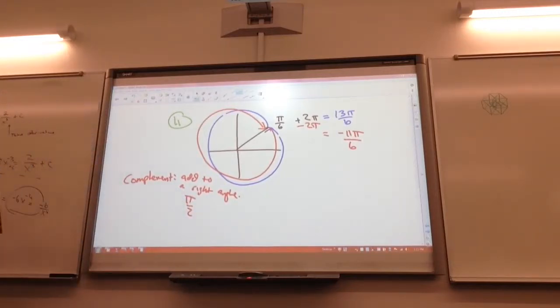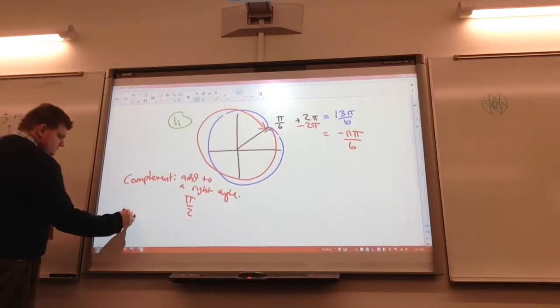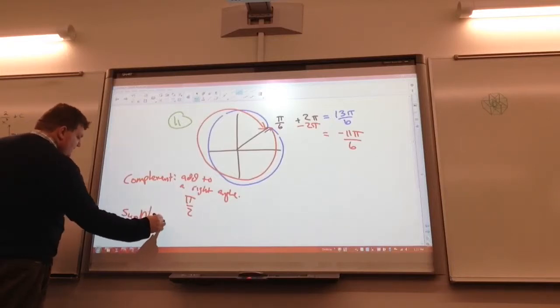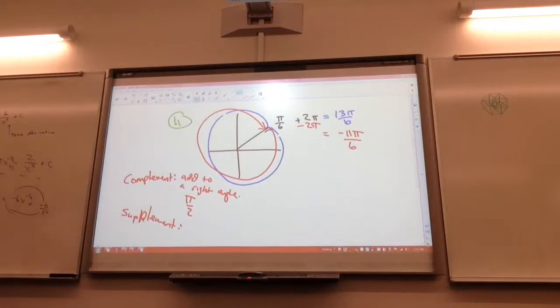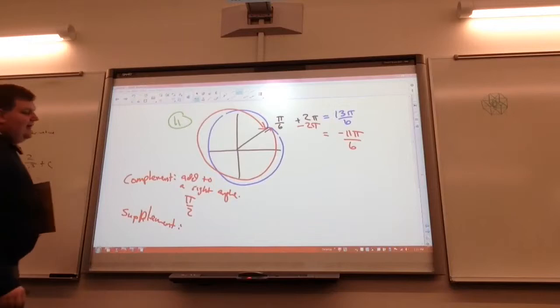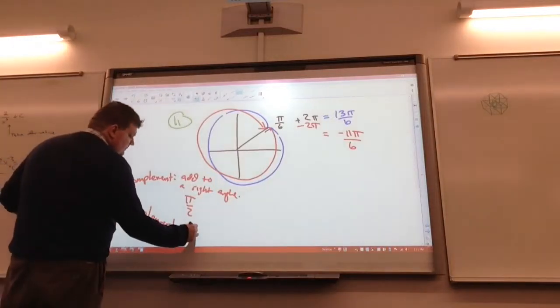Supplement, oh probably spelling supplement wrong. Yeah, it's two P's. Means they add basically the two right angles, or they add to a straight line. And in this case, that's going to be add to pi.